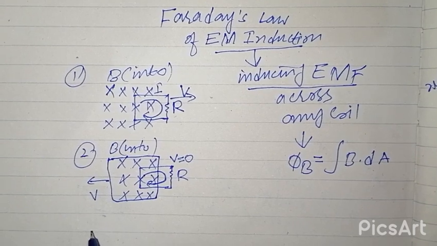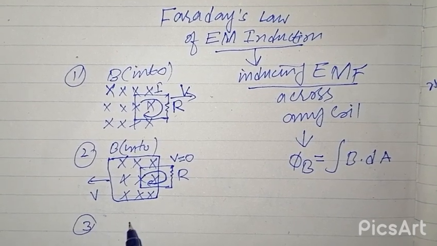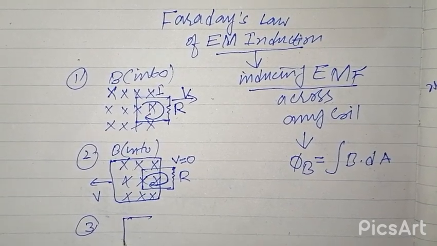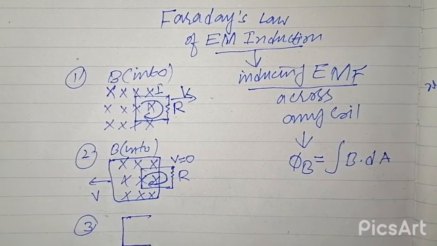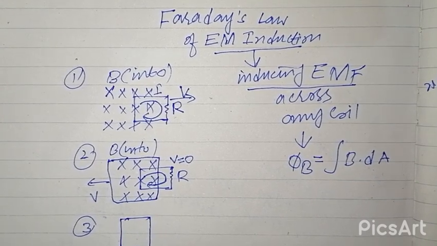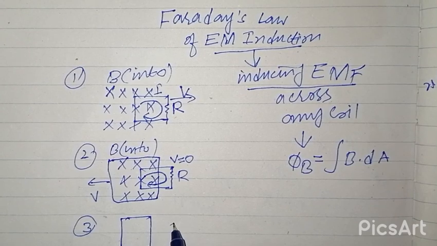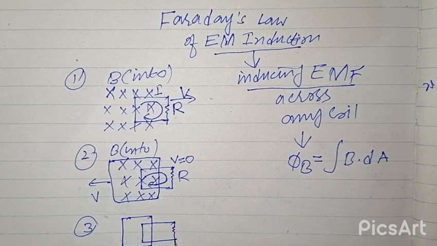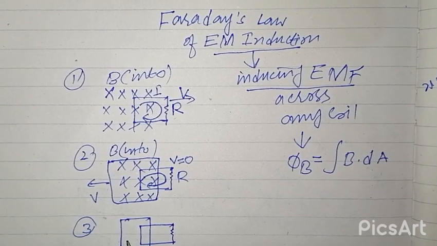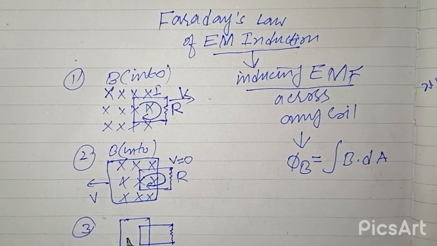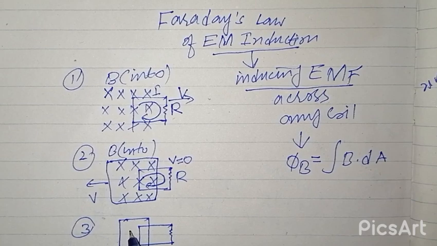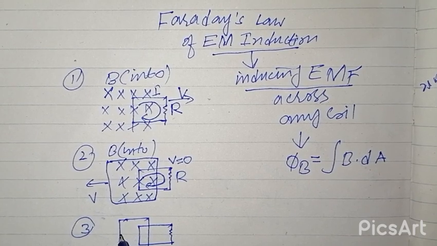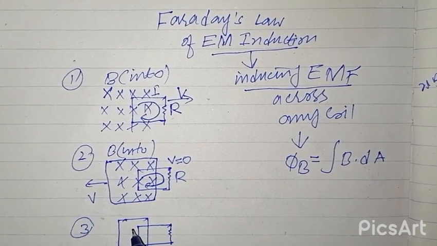And in the third experiment, he took an electromagnet and placed the coil in the field of the electromagnet. An electromagnet is a magnet in which you can produce a magnetic field by passing current.